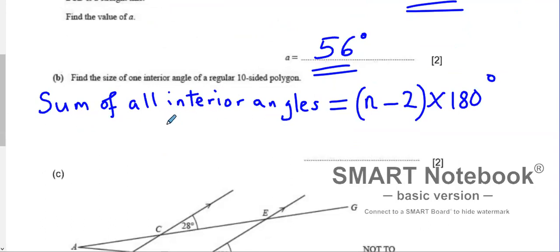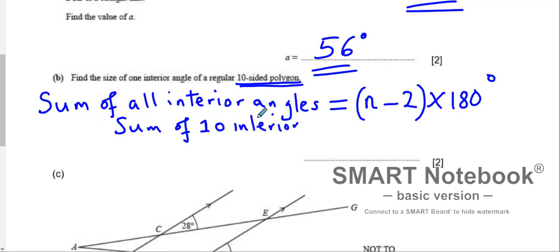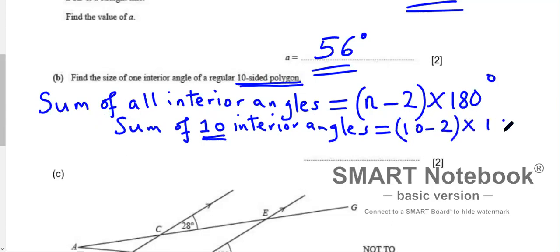This is the formula for any shape. So for this 10-sided polygon, the sum of all 10 interior angles will be equal to the number of sides, which is 10, minus 2, multiplied by 180 degrees.